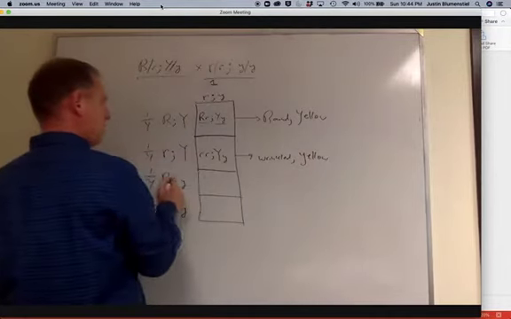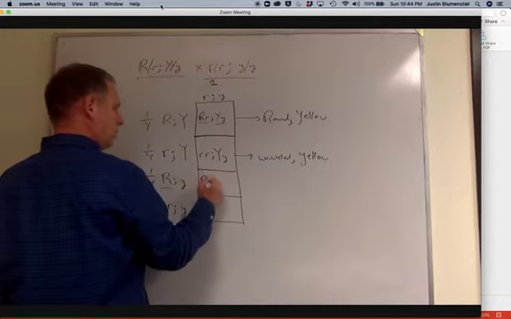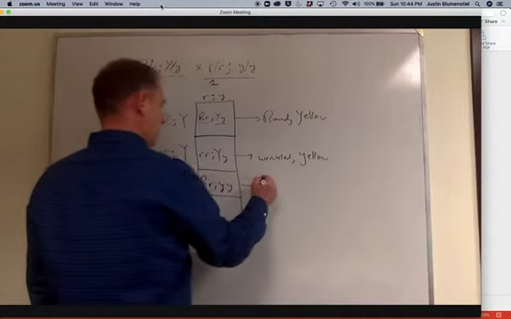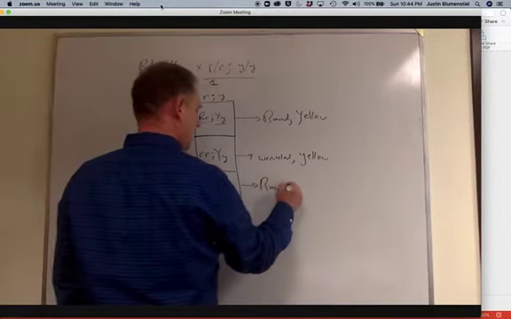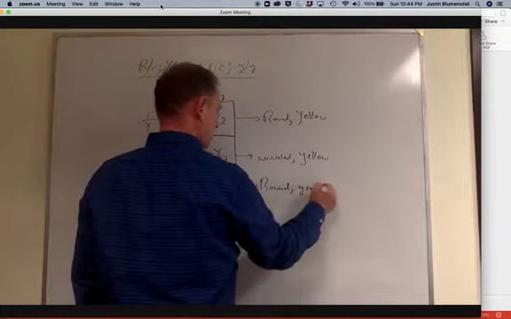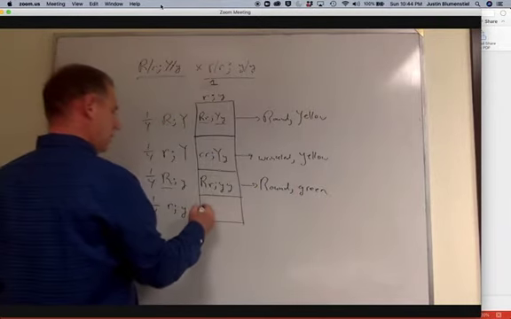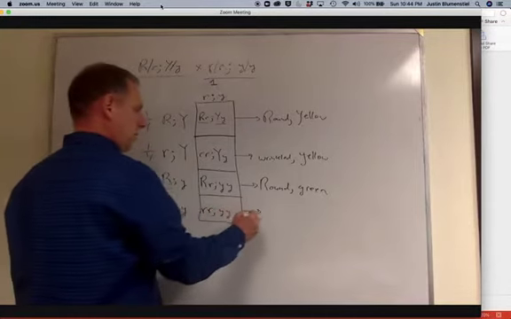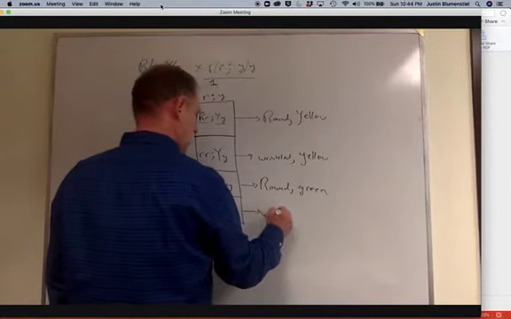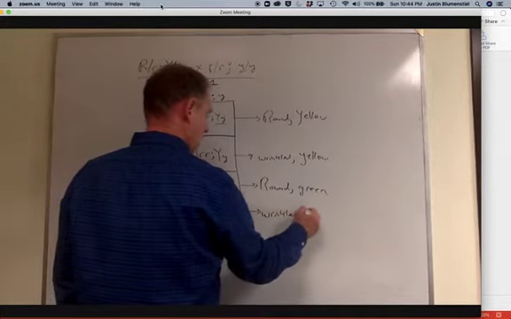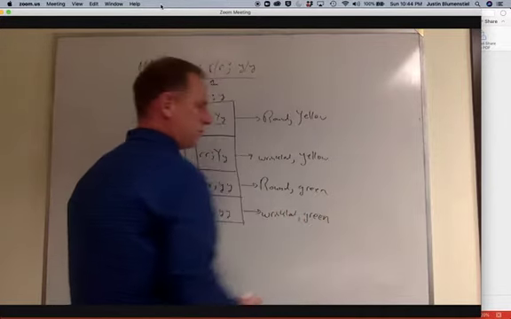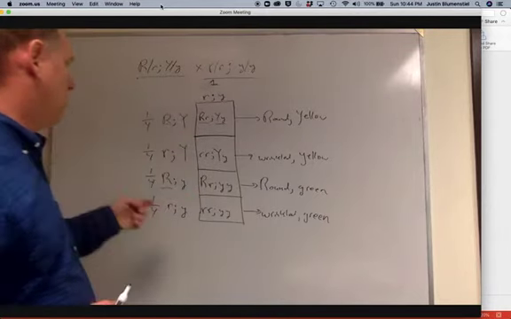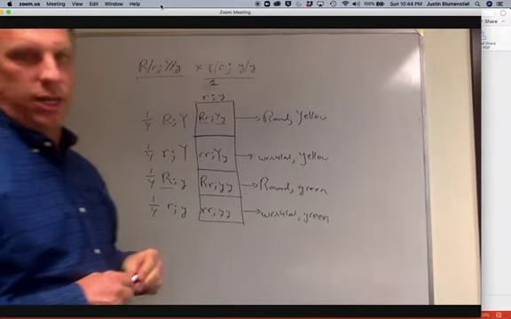All right, so now we inherit the big R, so big R, little y now. So this is going to be round and green, and then this one's going to be little r, little y, and so this one will be wrinkled and green. All right, so those are the phenotypes that we would observe, and they're going to be in a 1-to-1-to-1-to-1 ratio because each of these has a 1/4 chance.